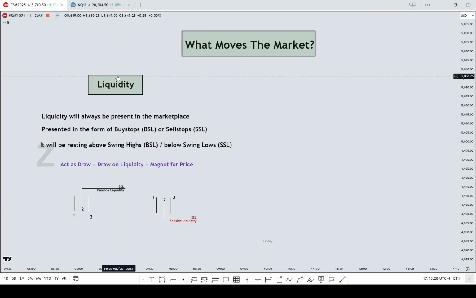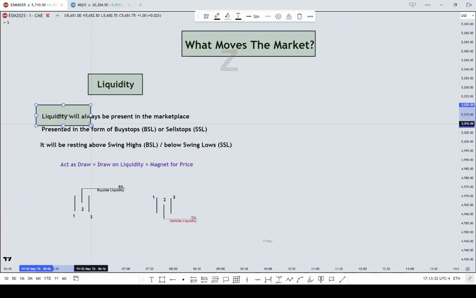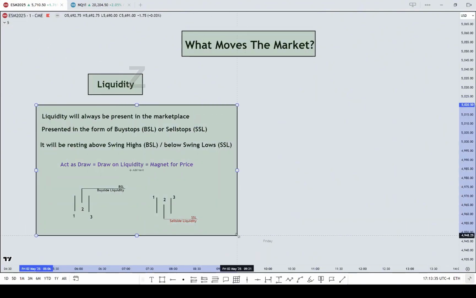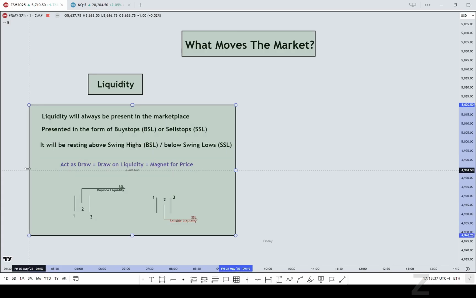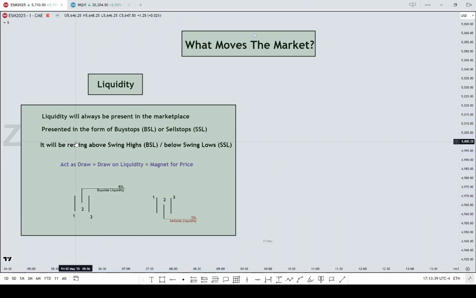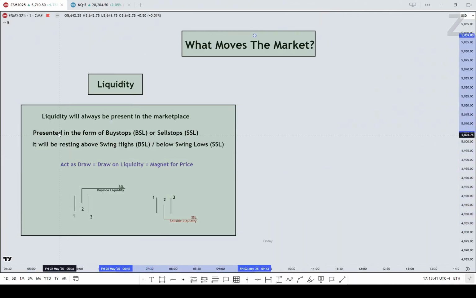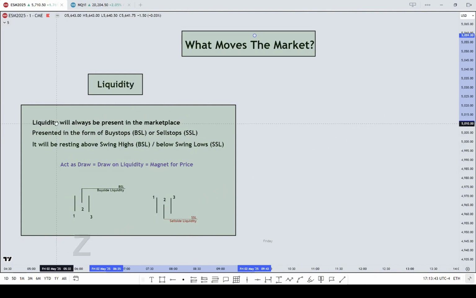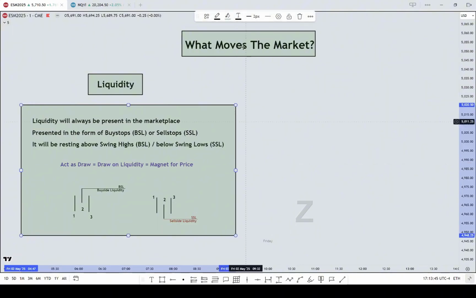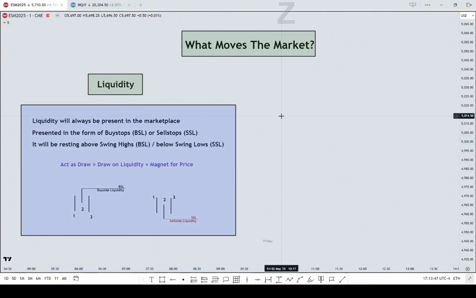So what is the next thing that you have to know when looking for liquidity? You already know that liquidity is going to be resting above swing highs and below swing lows, and they're going to act as draws. So this right here is going to act as a draw on liquidity, or a magnet for price.